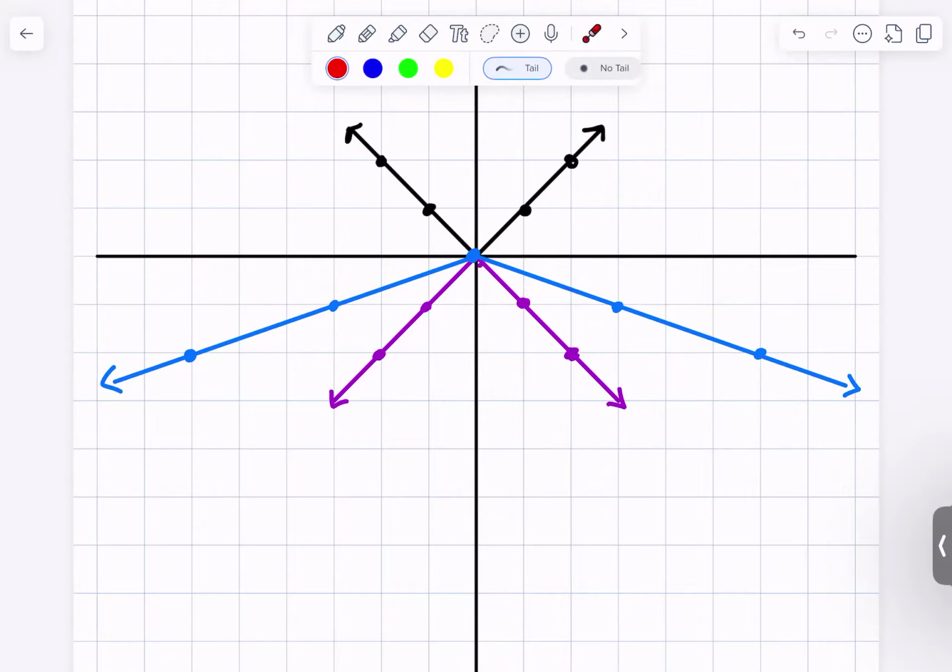Now, if we compare the purple to the blue, and I ask you what transformation this is, if it starts with vertical something, what would it be? From the purple to the blue, it would be a vertical what? To help you out, this point and this point turn to this point and this point.